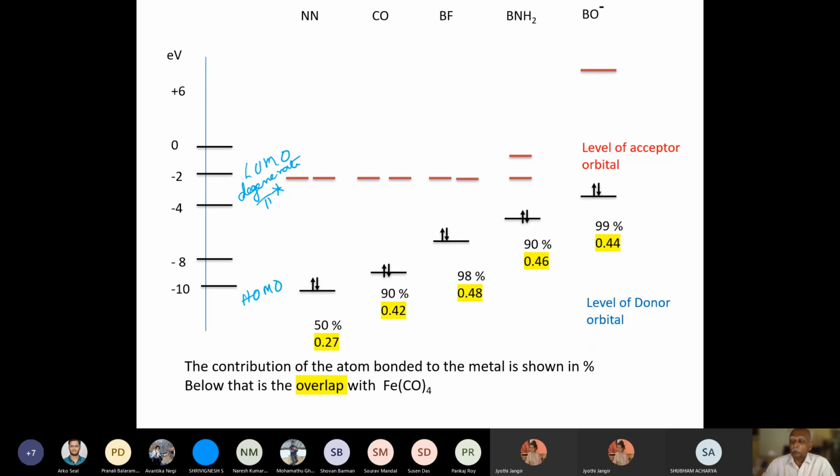Carbon monoxide had a lone pair which is significantly concentrated on the carbon. 90%, this 90% refers to the contribution of the carbon orbital to the HOMO.